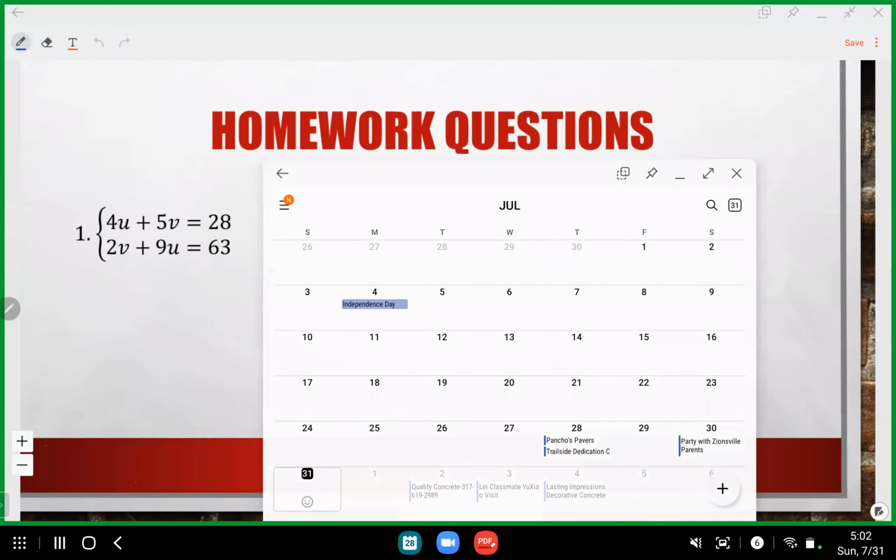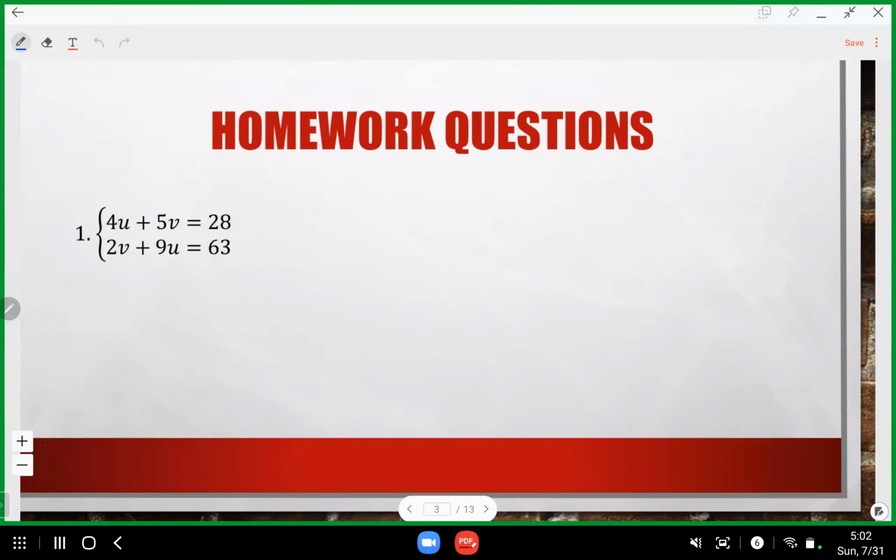Let's begin with our first homework question. You're supposed to solve these with substitution. Everybody just post your answers in the chat and we can go over it.